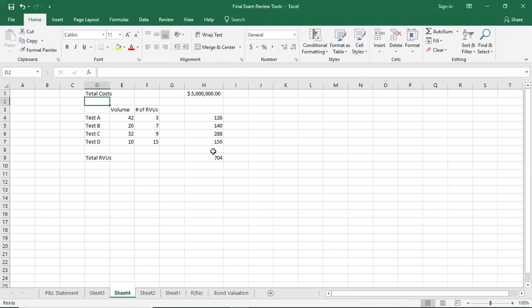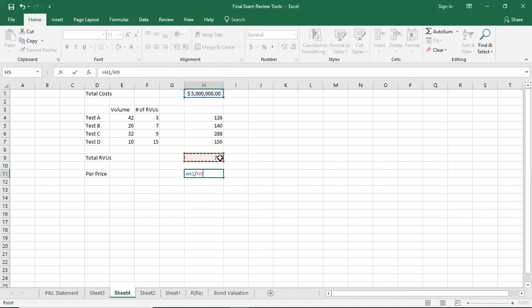All right, this is going to be expensive. Okay. So to find the per RVU price, again, it's just pretty simple math. You're just going to take that total cost and divide it by your total RVUs. So each RVU is $7,102.